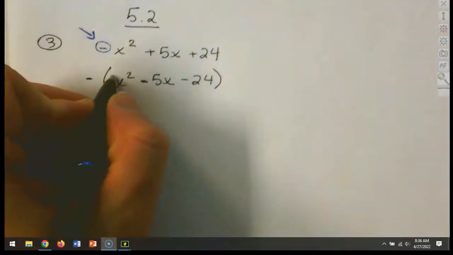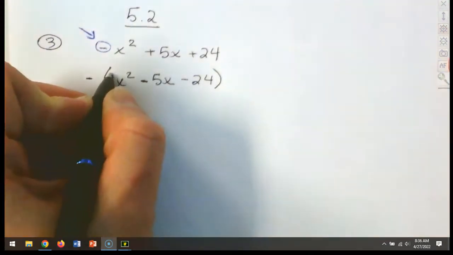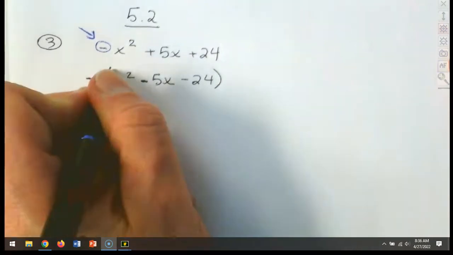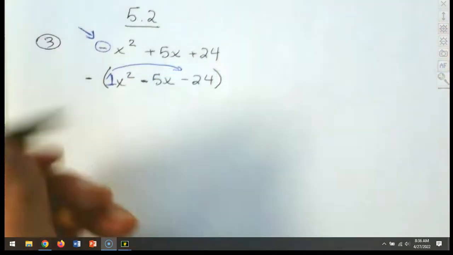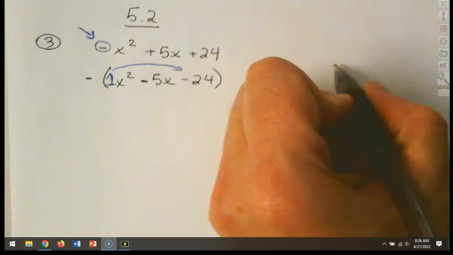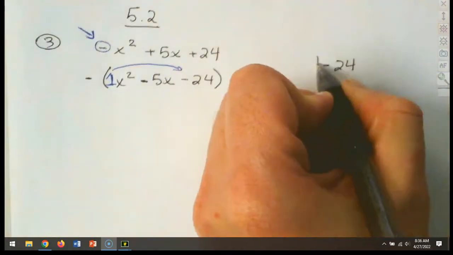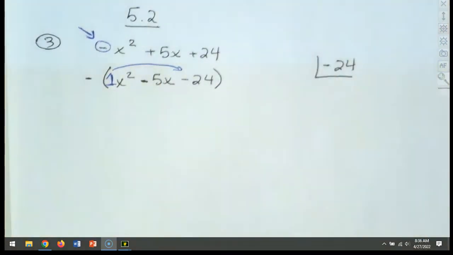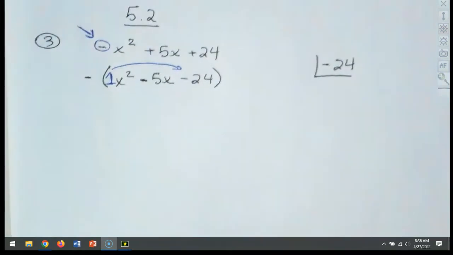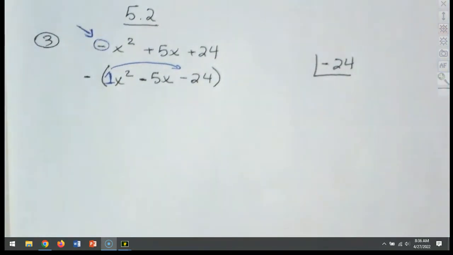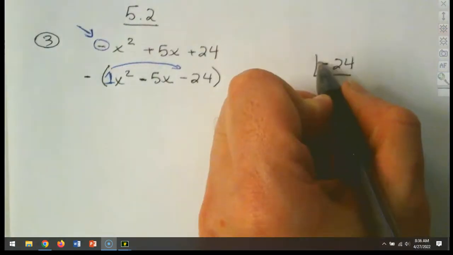And there's no number in front of the x squared, so we know there's a 1 there. So then we take 1 times a negative 24. And that makes it a negative 24. And we place that in the box. Now, let's remember our signs. This is actually called Descartes' rule of signs, how these work. This is negative.